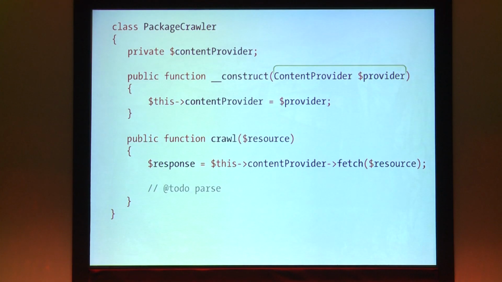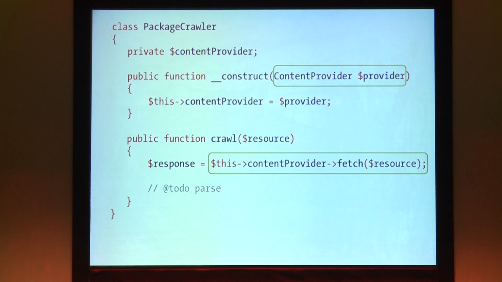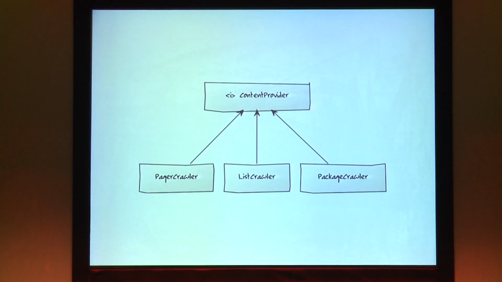And our crawler is going to depend on that interface and use it to fetch content. So nothing about Buzz, nothing about Guzzle or anything else. We have a content provider. So it looks like this. All our crawlers depend on that interface.